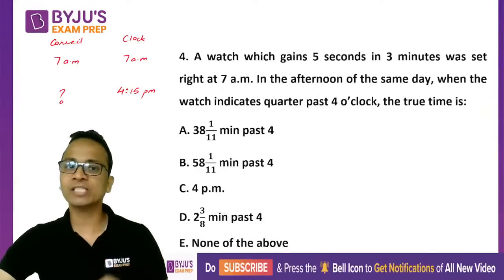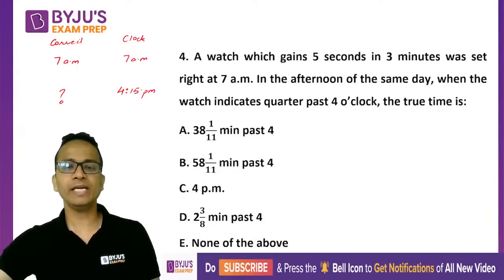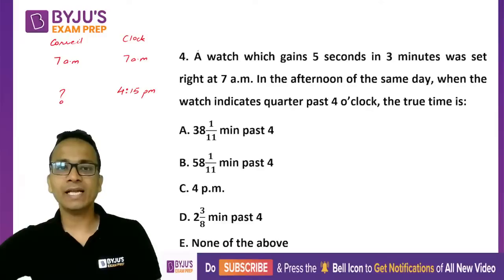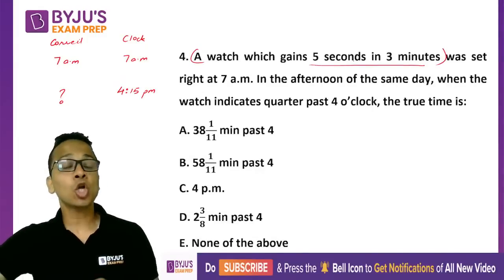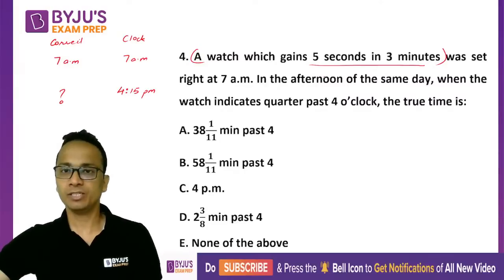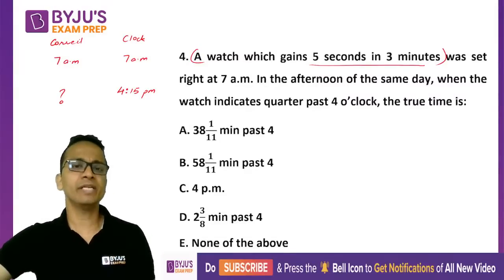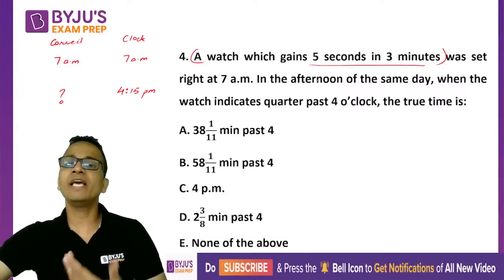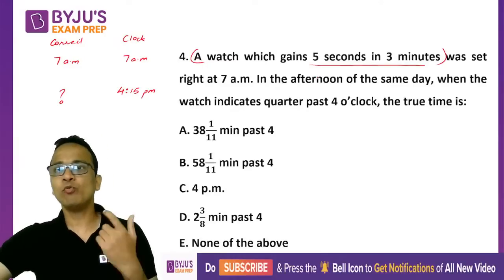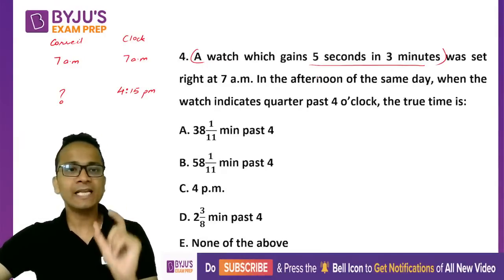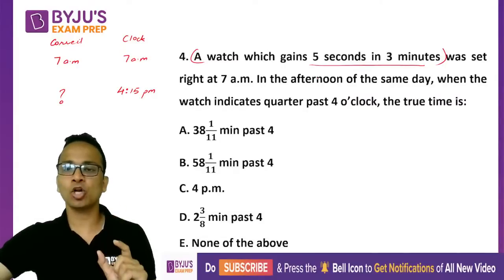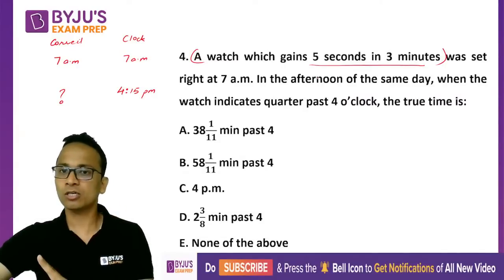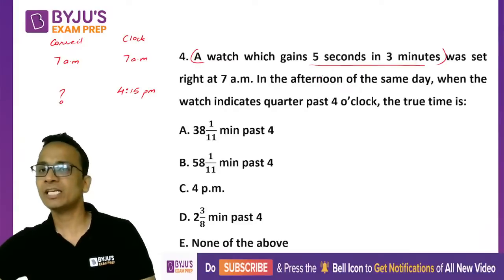I'm going to explain the entire concept. Now let's look at the next thing which is given. This part is very important. The clock gains 5 seconds in 3 minutes. So every 3 minutes, the clock will gain 5 seconds. When 3 minutes have elapsed in the correct clock, then in this clock it will be 5 seconds extra.